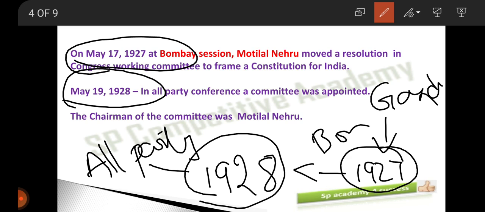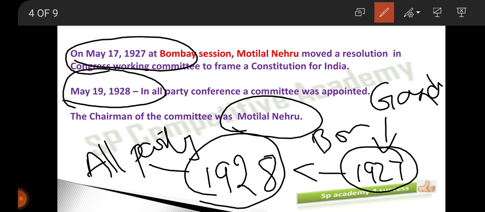The chairman for this committee was Motilal Nehru ji himself. This committee will determine and decide what the principles of the constitution will be and how our constitution should be.